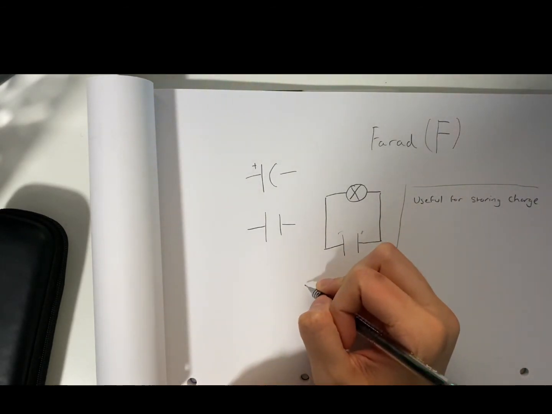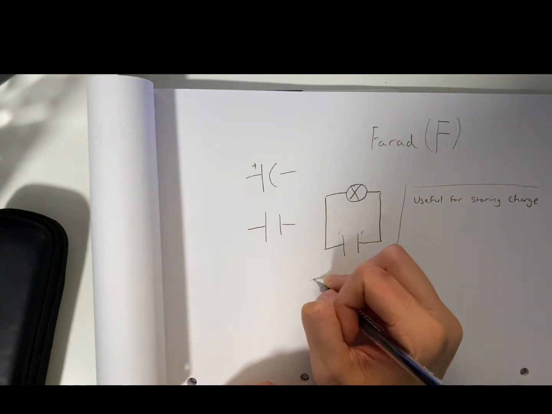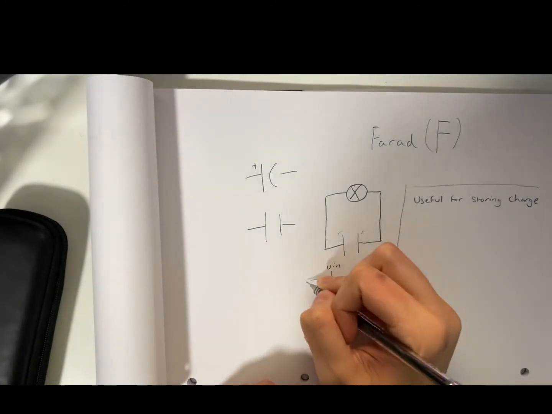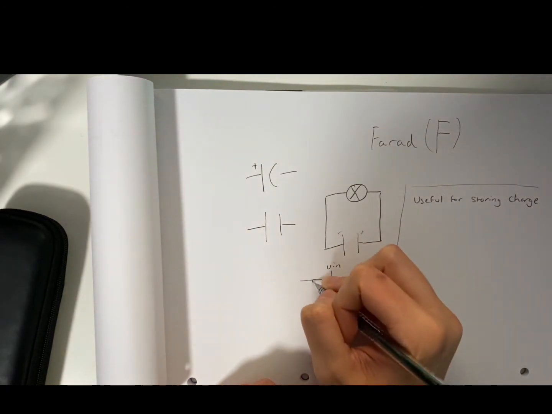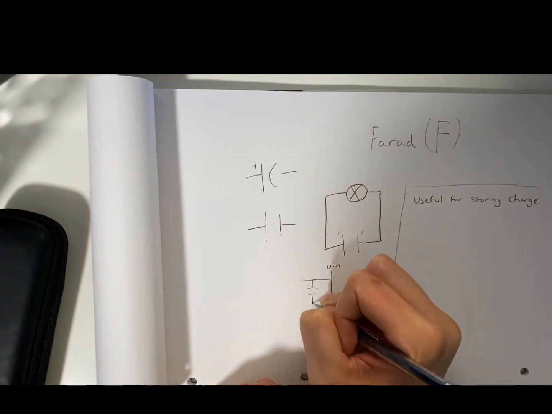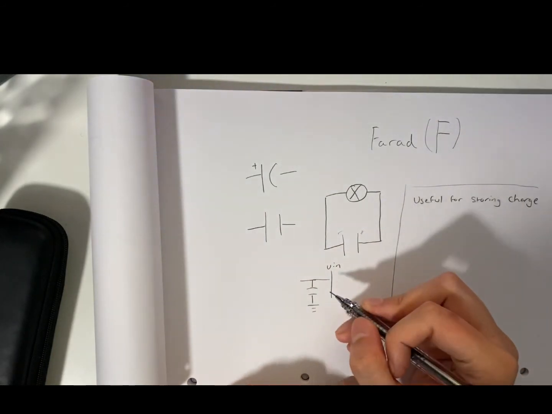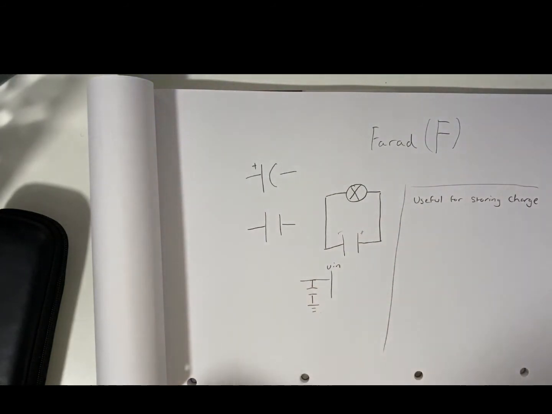Let's say this is your V in pin, and sometimes you see a capacitor like this. This is an example of a bypass capacitor.